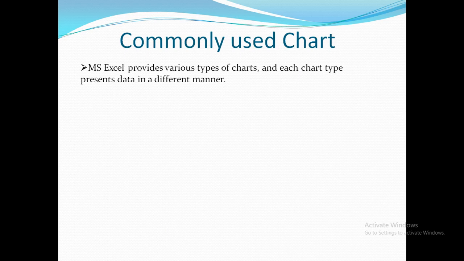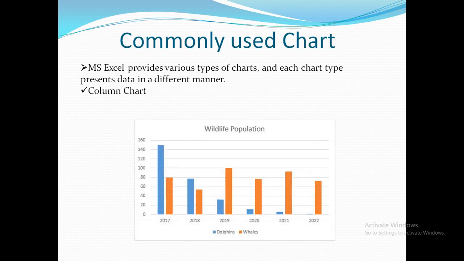Next we will see the commonly used charts. MS Excel provides various types of charts, and each chart type presents data in a different manner. Some of the commonly used chart types are: column chart. It is the most commonly used chart type. It displays the changes in data over a period. This chart type illustrates the comparison among different data items.